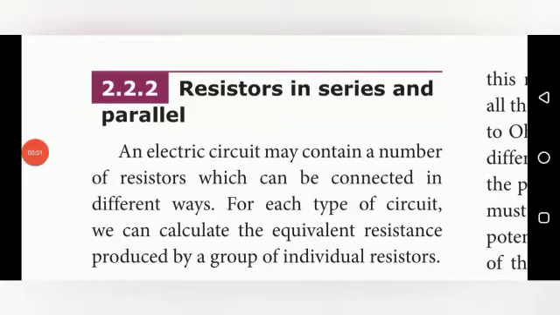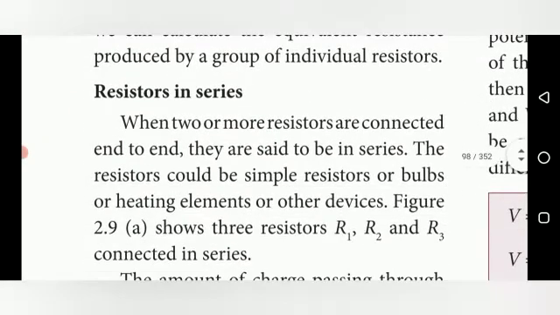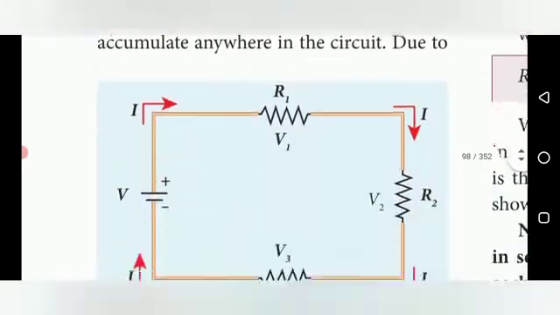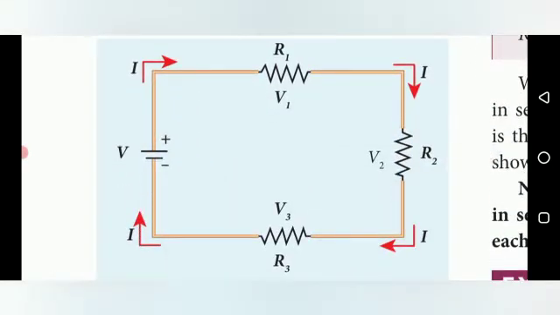Then next, resistors in series and parallel. First, resistors in series, see the diagram. The resistors are connected in series. Three resistors are considered, R1, R2, R3. V is the potential, it starts from and ends with the potential difference.